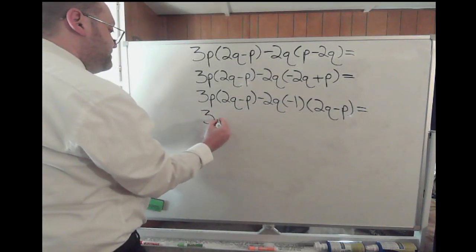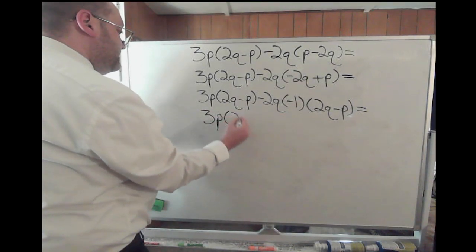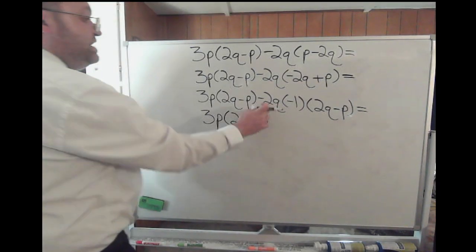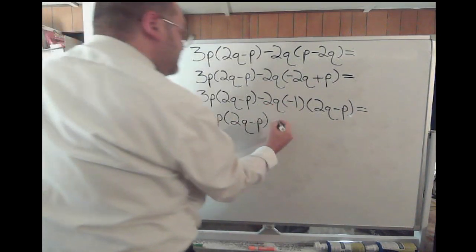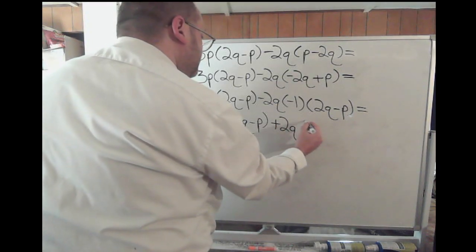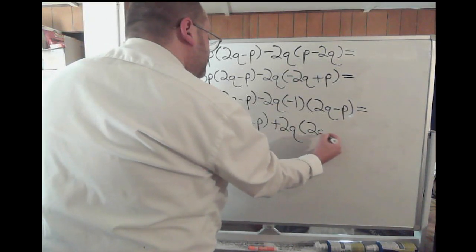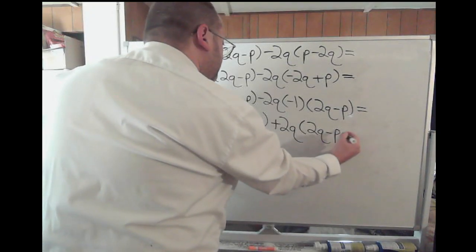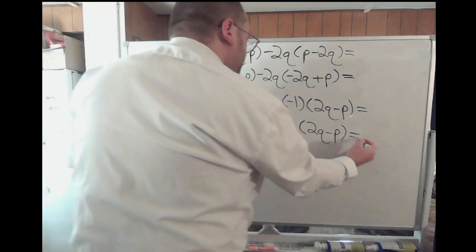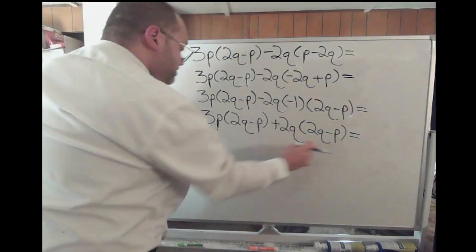You'll end up having 3p times the quantity of 2q minus p. Now you have negative 2q times negative 1. That actually gives you positive 2q. You'll end up having plus 2q times the quantity of 2q minus p. So then we can factor out the common 2q minus p.